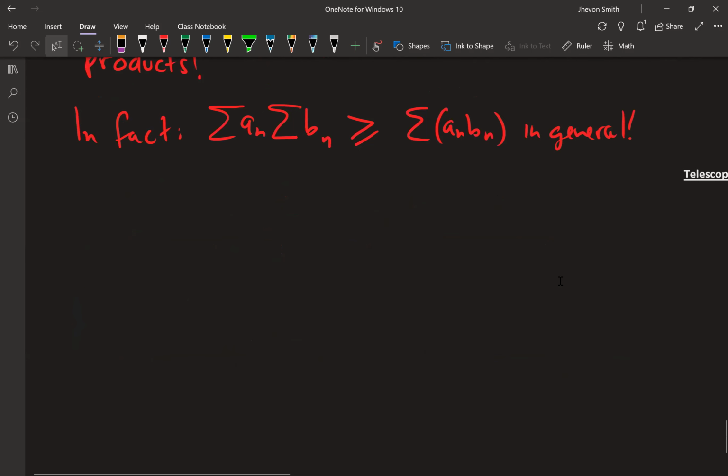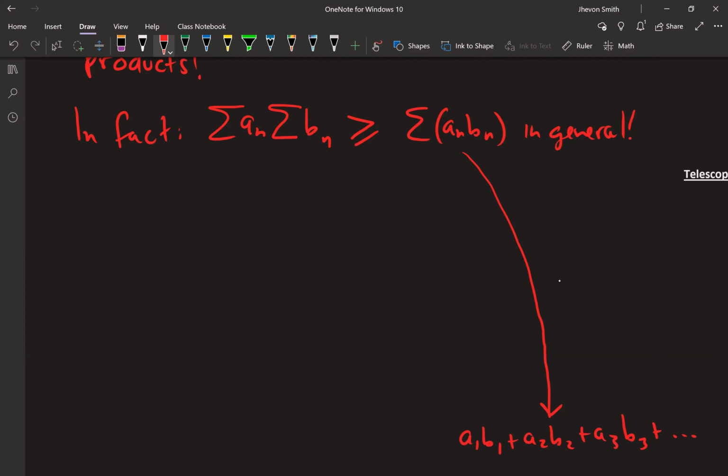And why is that? Well, if you look at this one, it is just a bunch of terms: a_1 b_1 plus a_2 b_2 plus a_3 b_3 plus going on forever. Whereas if you look at the other one, that's a_1 plus a_2 plus a_3 plus dot dot dot times b_1 plus b_2 plus b_3 plus dot dot dot.